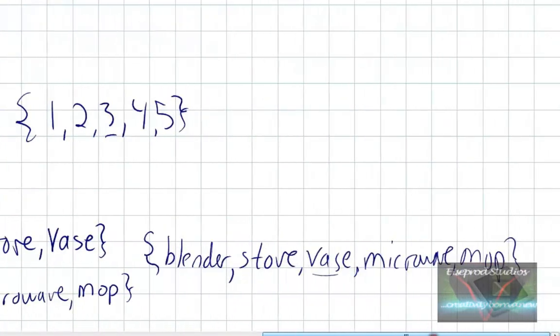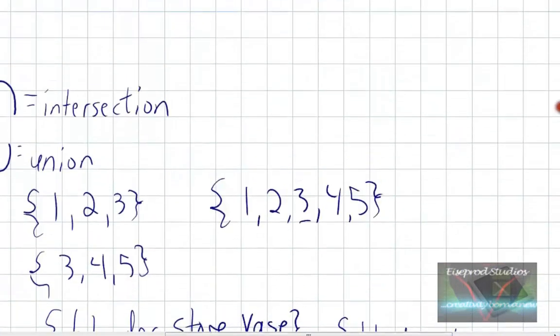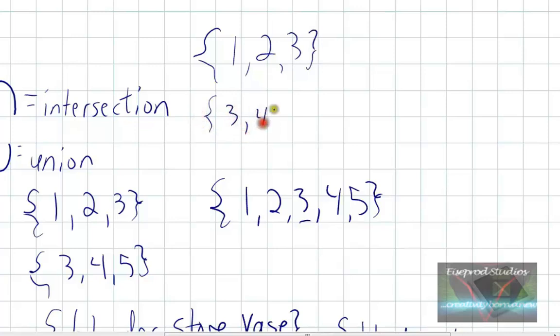Alright, so now let's focus on intersection. What does intersection mean? So using the numbers, there's one set, 1, 2, and 3, and then we have a second set, 3, 4, and 5.